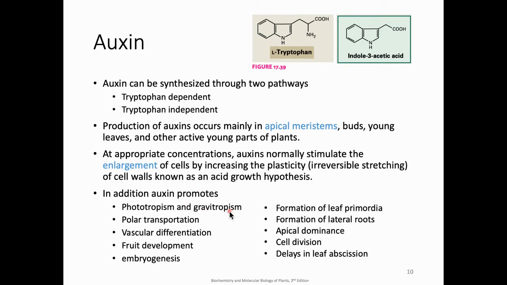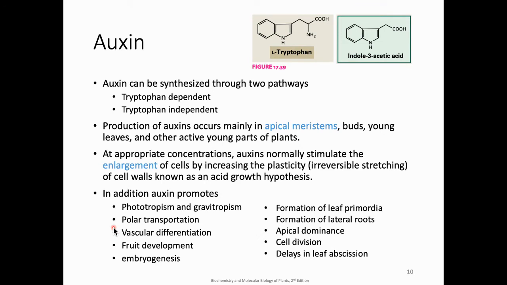An additional auxin function is to promote phototropism and gravitropism, as we will see in the experiment in lab 8. The next one is polar transport, which means auxin can be transferred in just one direction. It doesn't just go everywhere.